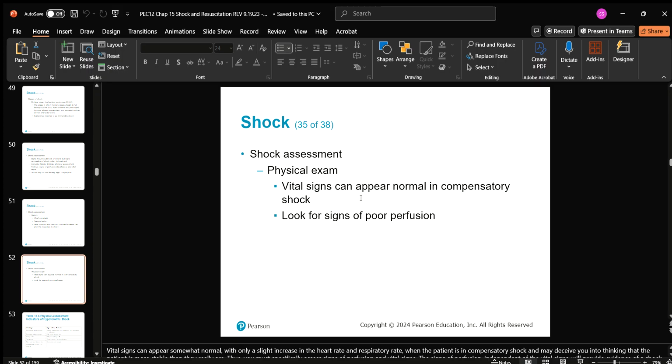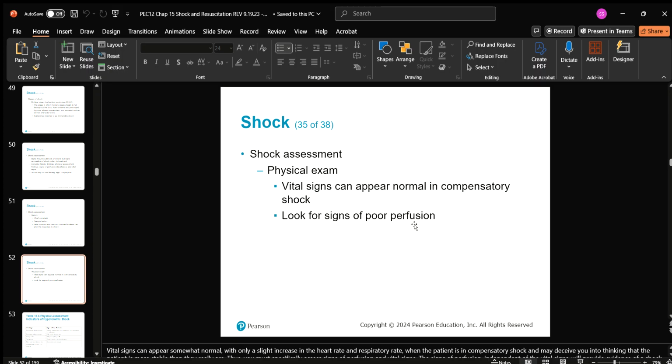In compensated shock, vital signs could appear normal. They can appear normal, but they're not going to maintain that. They're not going to stay that way. They're eventually going to go into decompensated shock unless we do something for them. When it says look for signs of poor perfusion, what are some signs of poor perfusion?